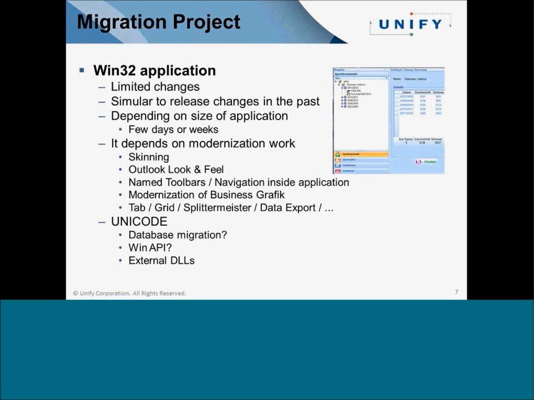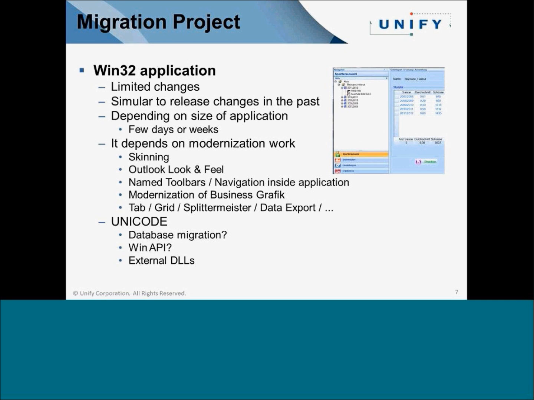And the big point is Win API. This was really a big challenge for us in the past because a lot of people are using Win API in their applications. At this point, Win API must normally be replaced with the Unicode version of the Win API. And we had a lot of problems in the past because a lot of people are not using Win API in a central place, like in a special functional class.